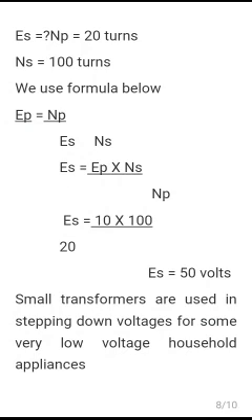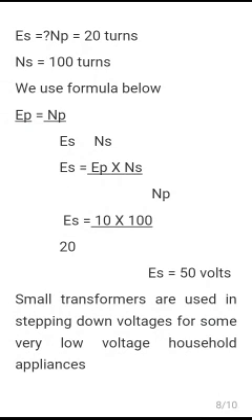Therefore, since we are looking for ES, you can make ES, the secondary voltage, the subject of the formula, which is the primary voltage multiplied by the number of turns of coil on the secondary over the number of turns of coil on the primary coil. So 10 multiplied by 100 over 20.